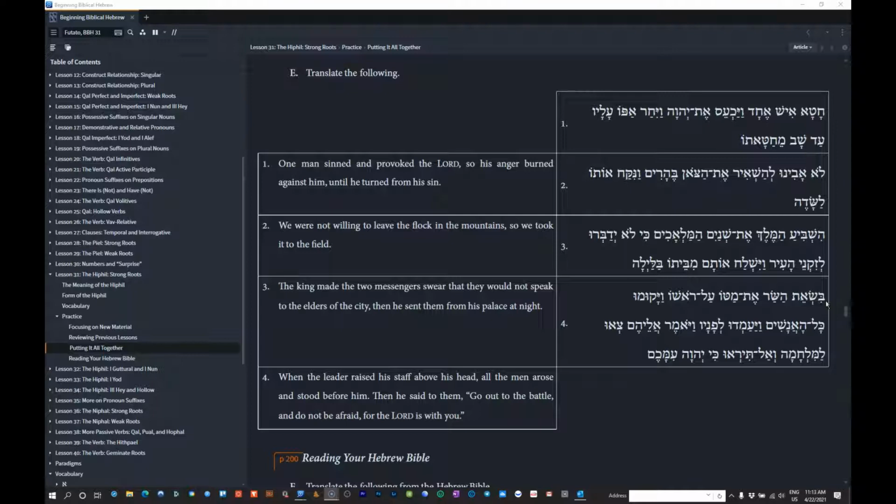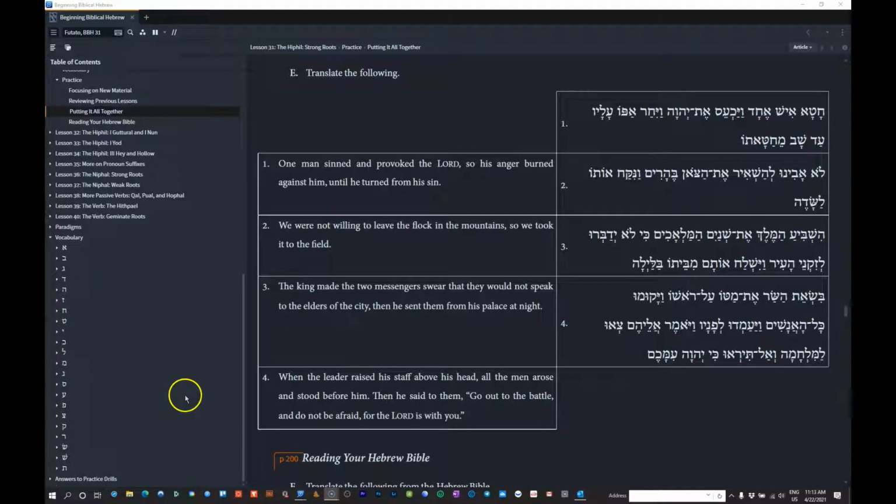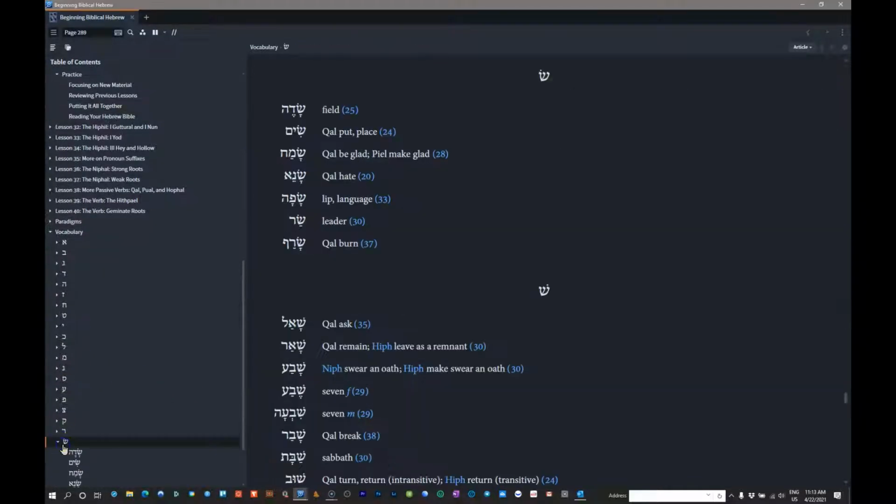All right, so if that's the case, what verb am I looking at? If I take the bet off as a preposition, I'm left with sin aleph tav. Now, is sin aleph tav a root that I'm familiar with? I can't think of one off the top of my head. Let's look here. Sin aleph lamed.